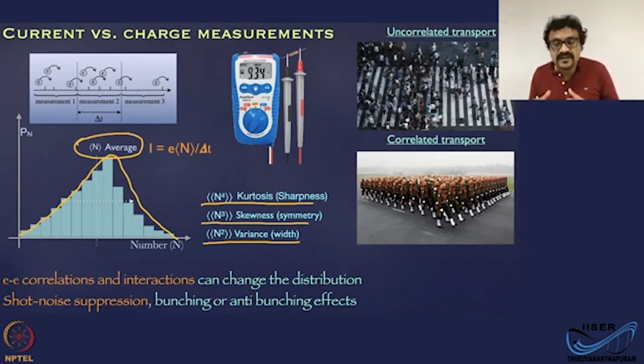All these effects you cannot detect or sense if you simply measure the average number. You need the statistics or the moments of individual electrons. You need information on higher moments of statistics, which requires the motion of individual electrons, which you cannot get if you do a simple current measurement.